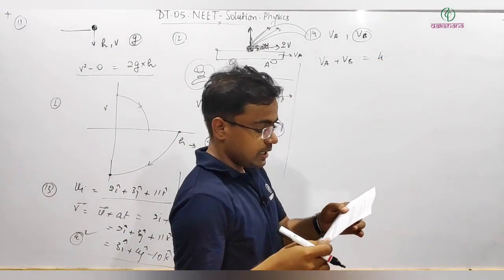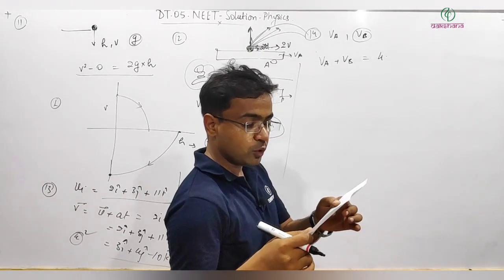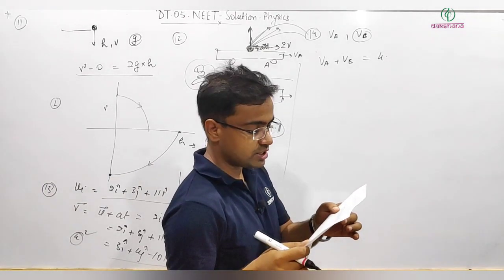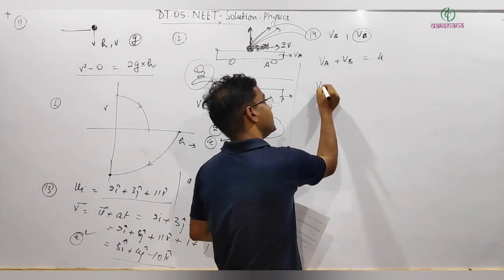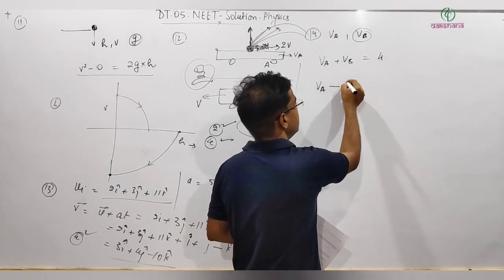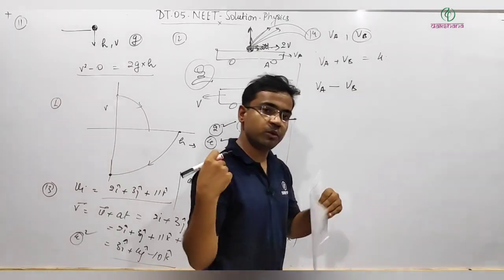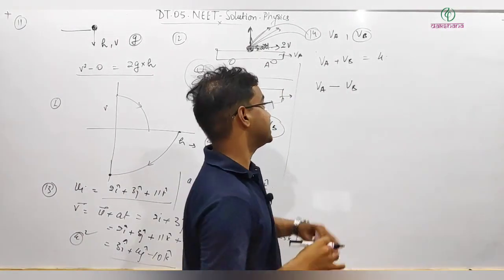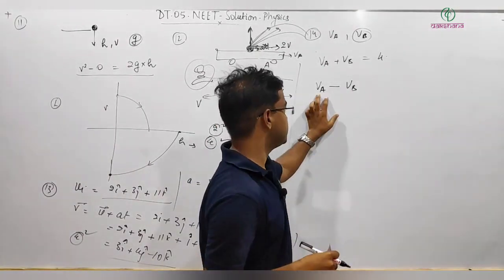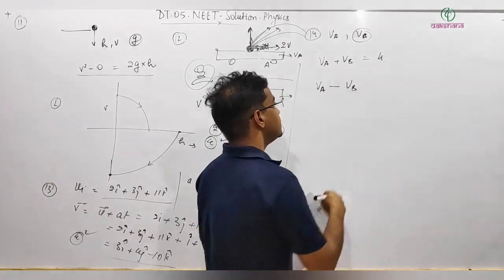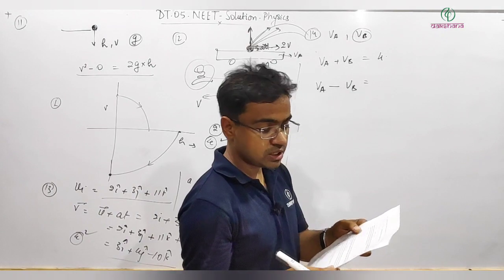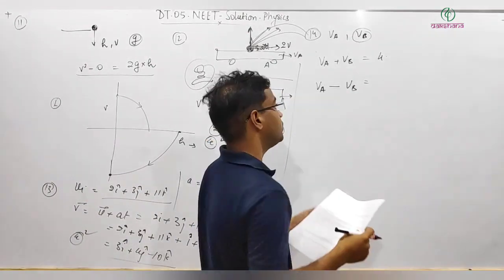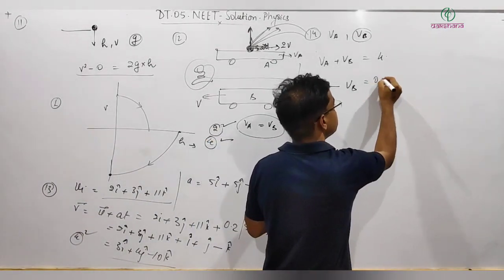Next case, when they move uniformly in the same direction with the original speed, they get closer to each other. So that means if I say VA is greater than VB, then VA minus VB, when they are moving in the same direction but still getting closer, means the speed of one should be higher. Now it is getting closer by 4 meters in 10 seconds, so in 1 second it is basically 0.4 meter.